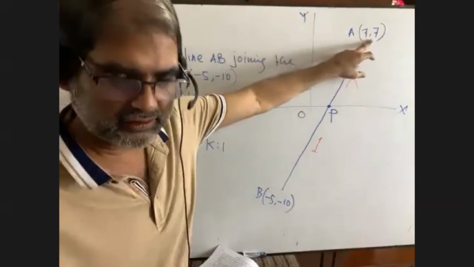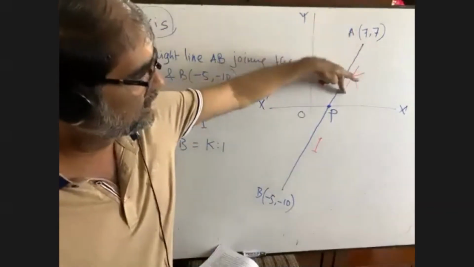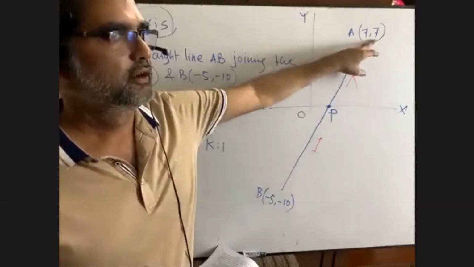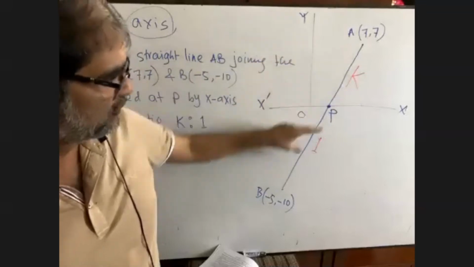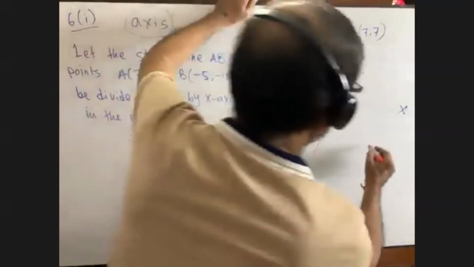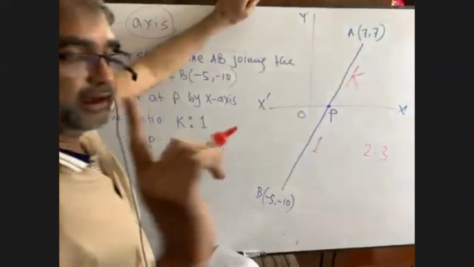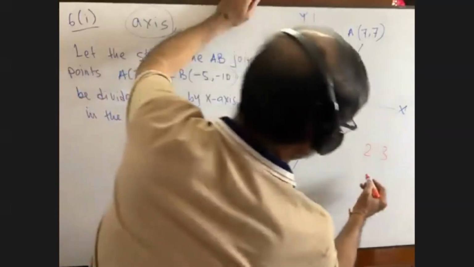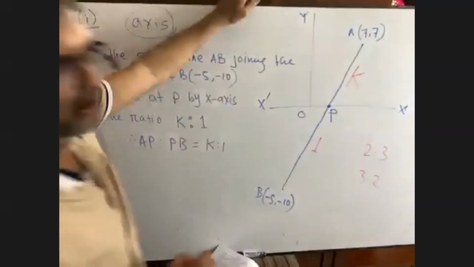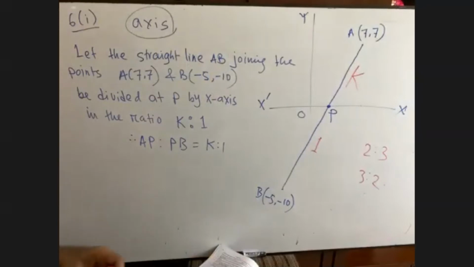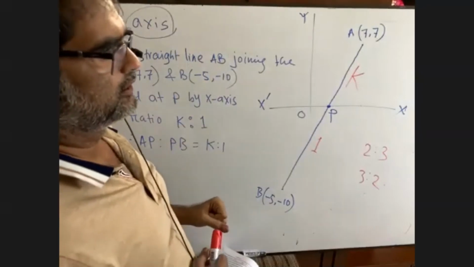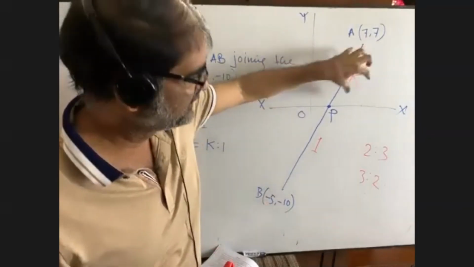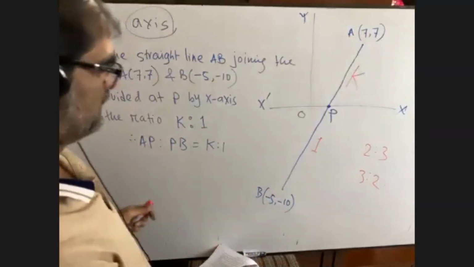In the question, A is given at first, so you have to find AP is to PB. Suppose your answer is 2:3, but any student who lets k be this part, his answer will be 3:2. So the answers are not the same. It depends where k is taken. In the question it starts with 7, 7, so this part will be k.